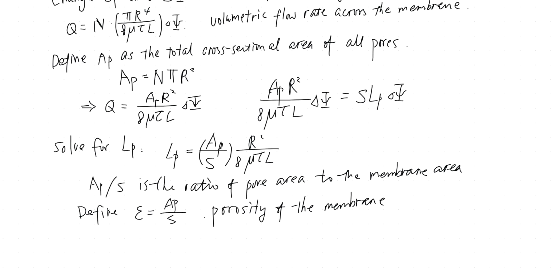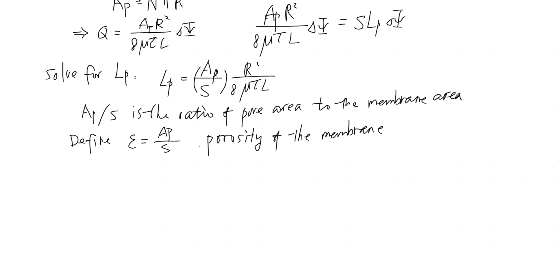So with this expression for porosity, we can write L_P equals epsilon R squared over 8 mu tau L. So this is the hydraulic conductance of a membrane with cylindrical pores.